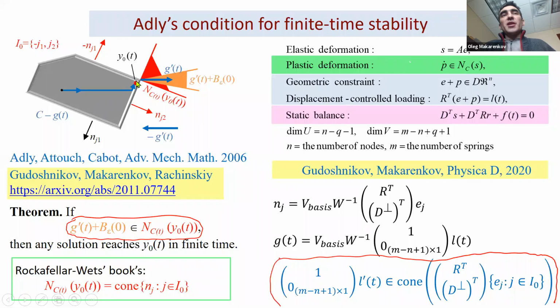Here we examine the stability of this red point. This red point is given by two normal vectors: this one, minus n with index j1, and this normal vector n with index j2.